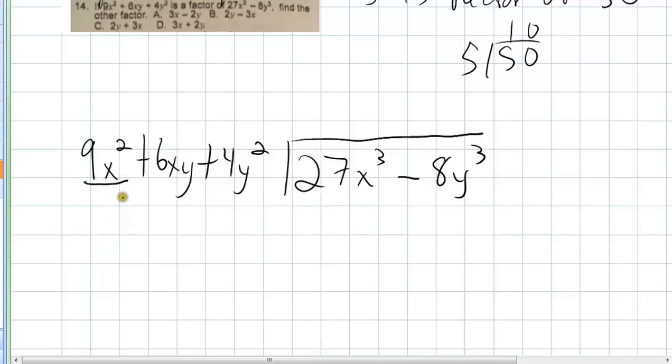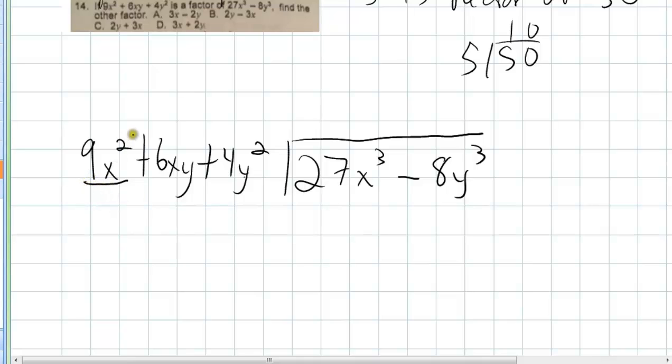When you have polynomials, you want to order them so that the highest degree is first. But in this case, we have x cubed and y cubed, so it's fine the way it is, as long as either this one's first or this one's first. But let's just get started with how they gave it to us.